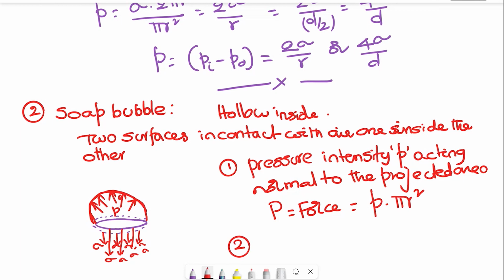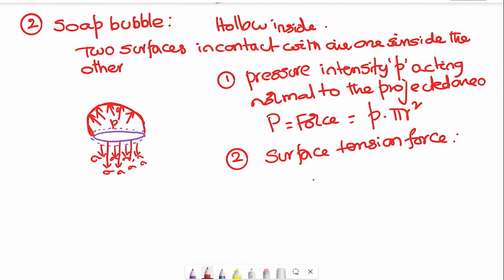Whereas the second one is the surface tension force. It has two surfaces, so that is why it is 2 times sigma into 2 pi r. That is the only difference.